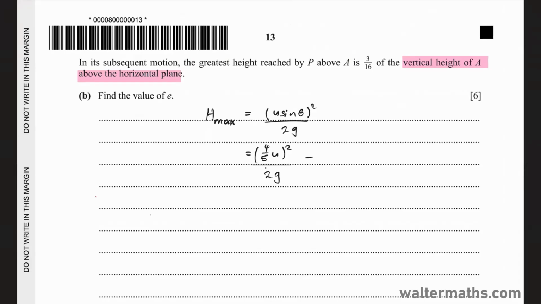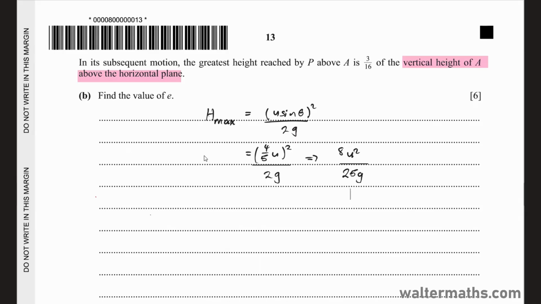And this will give us 8u squared over 25g if we simplify it. So that's the greatest height, the maximum height right there.